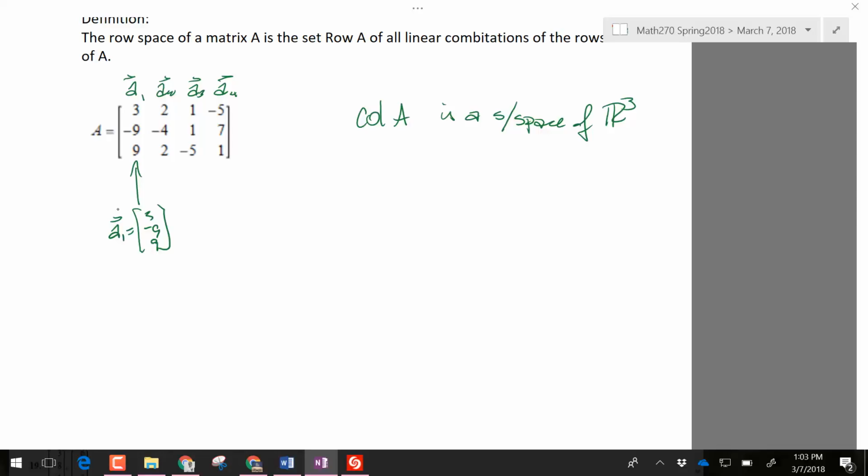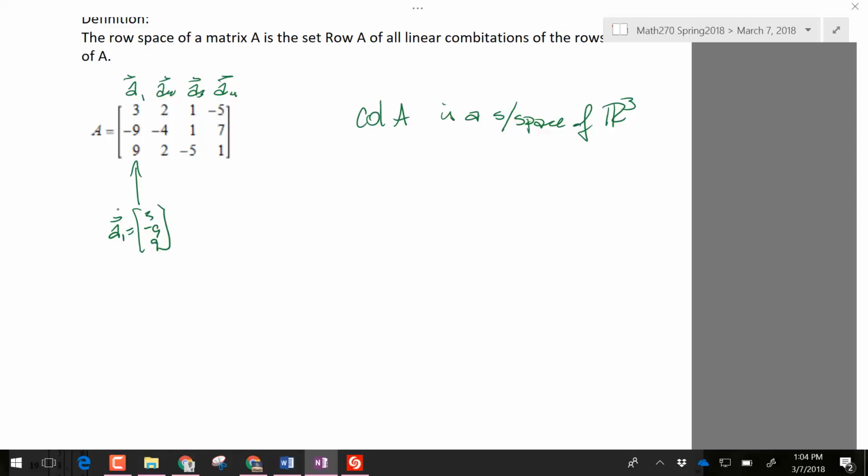So right now all we know is the collection of 4 vectors is dependent. We don't know if one is dependent on the other 3 or 2 of them are dependent on the other 2 or what. But right now, all we know for sure is that it's dependent.